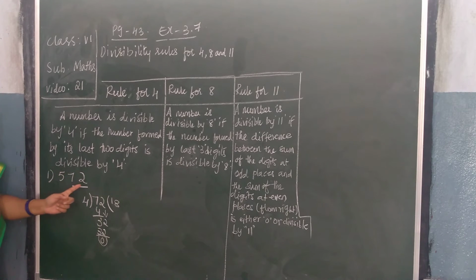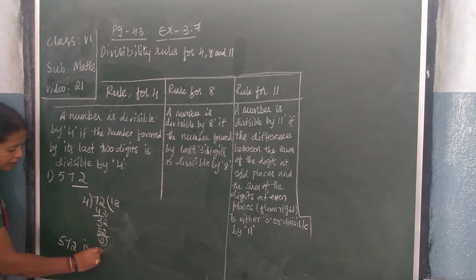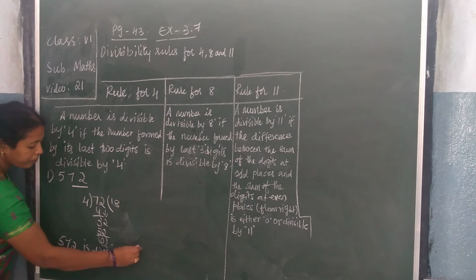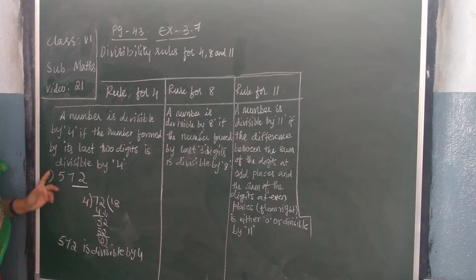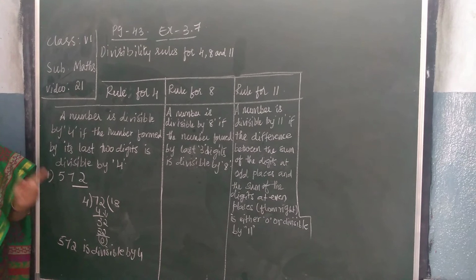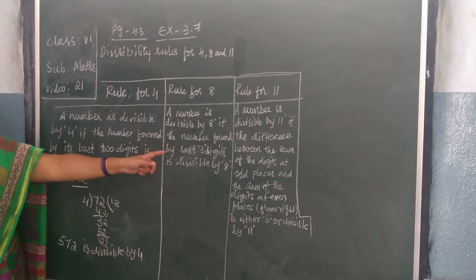This 572 is divisible by 4. Okay, children. This is the problem you have to do. To check the divisibility for 4, you have to adopt this method. Next, I will show one for 8, children.